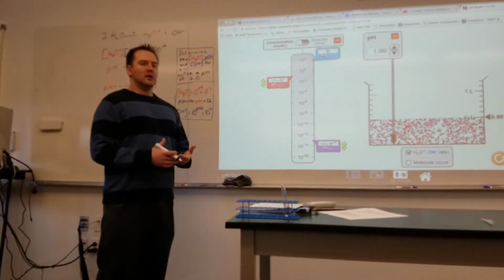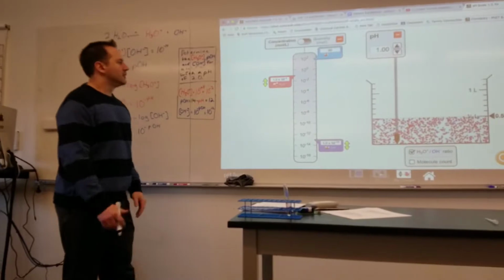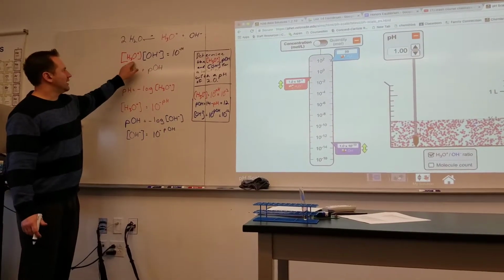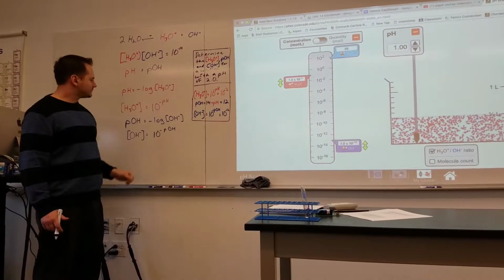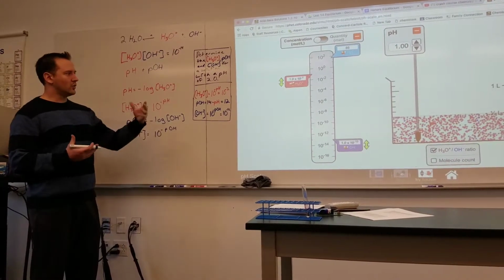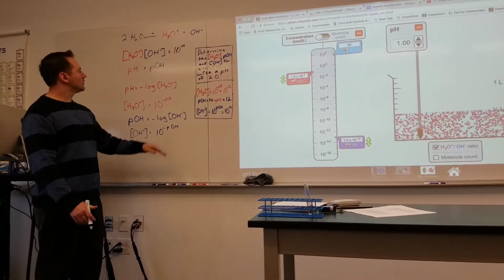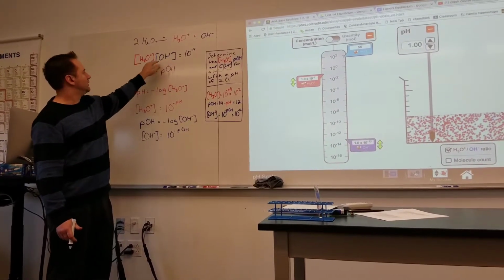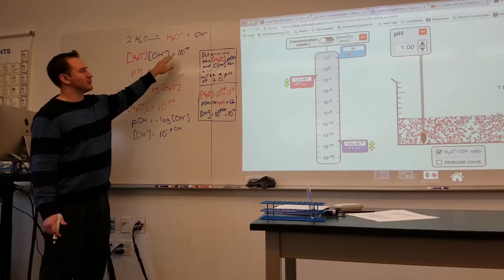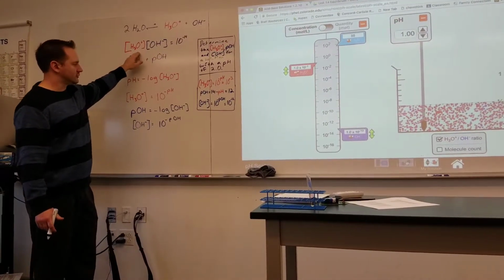To do that, we know that whenever you multiply the hydronium ion times the hydroxide ion, you get 10 to the negative 14. So, if you know one, you can figure out the other. All you would have to do is rearrange this equation to solve for the hydroxide ion. So you would divide 10 to the negative 14 by your hydronium ion concentration.